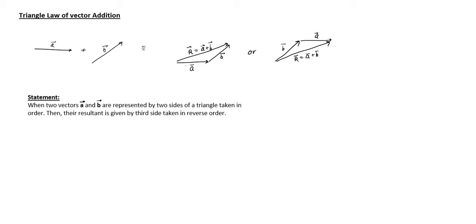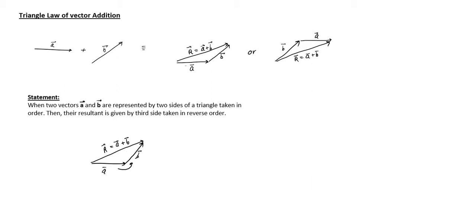So if we want to add two vectors A and B, we represent them by two sides of a triangle, one side A and the other side B, taken in one order. Then their resultant R is given by the third side taken in reverse order. So R equals vector A plus vector B. This is the triangle law of vector addition.